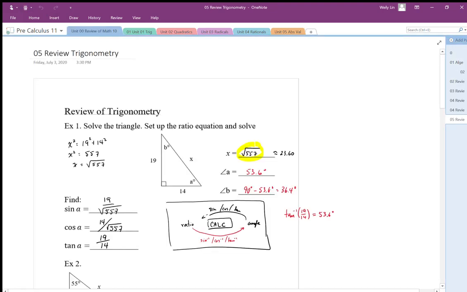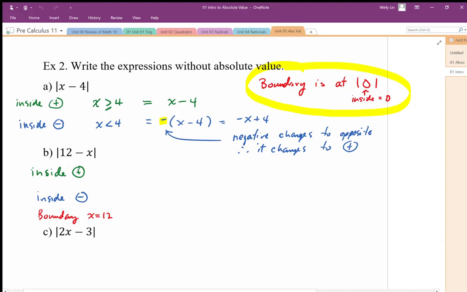So where it's positive, here, it's going to be where x is less than or equal to 12, because if it's bigger than 12, it's going to give me a negative inside. So I want less than. The opposite is true here. When is the inside going to be negative? Well, if x is bigger than 12, for example 13, 12 minus 13 gives us our negative.